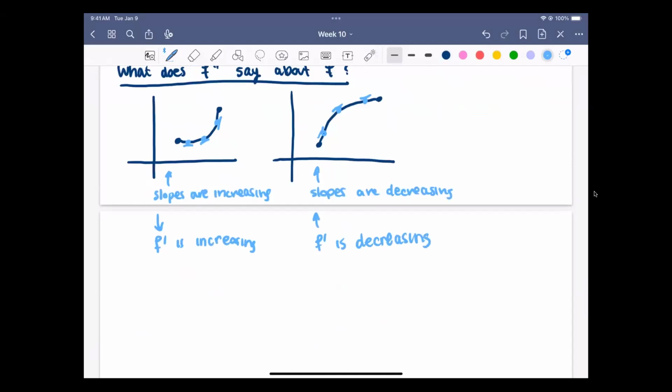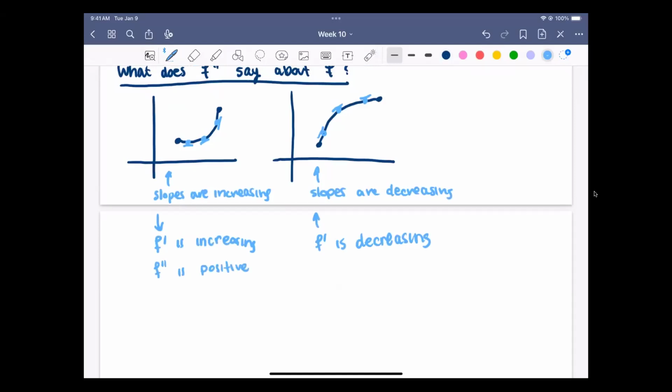Okay, what does this say about f double prime? So if I have an increasing function, its derivative has to be positive, right? So this means that f double prime is positive.